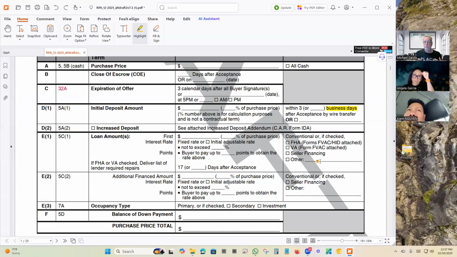Even if you don't have a loan contingency, sometimes sellers and listing agents are curious as to what you're planning on getting.